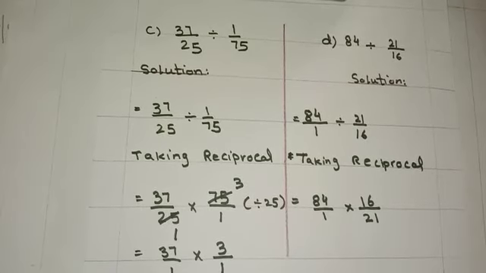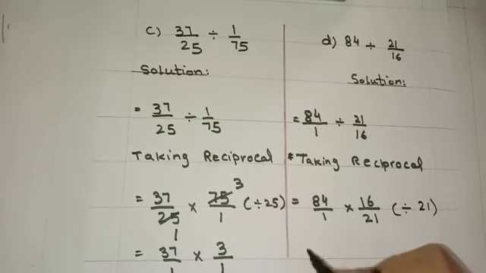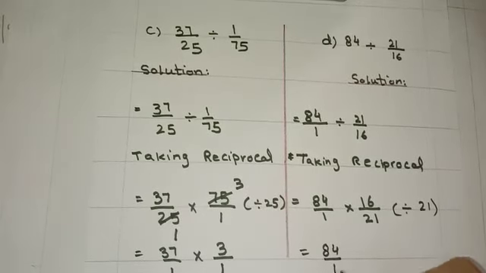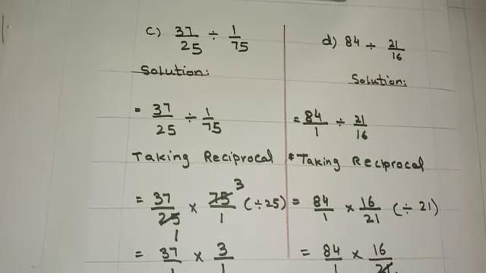So dividing by 21, we have 84 over 1 multiply by 16 over 21. 21 ones are 21.